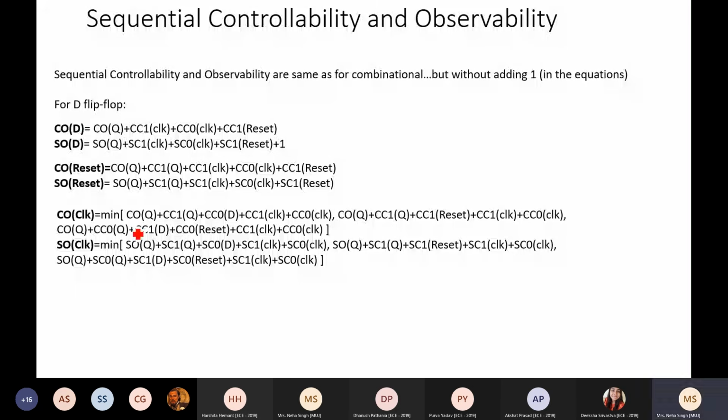ten plus CC1 of output I का CC0 in 7 is the 3 as minimum value clock is 2.